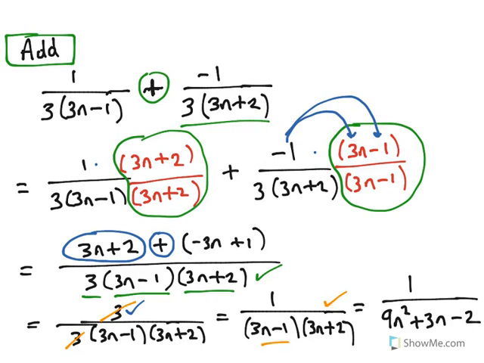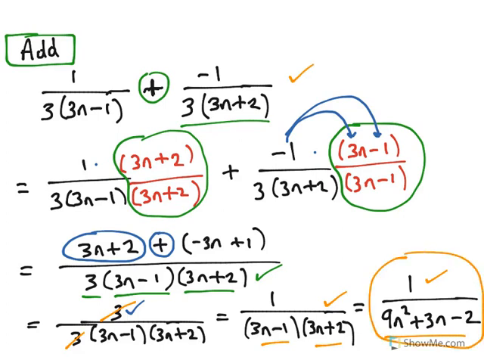And if we multiply the two factors in the denominator, our denominator will become 9n squared plus 3n minus 2, and our numerator is 1. So this is called the addition of rational expressions. So we began here and we end over here.